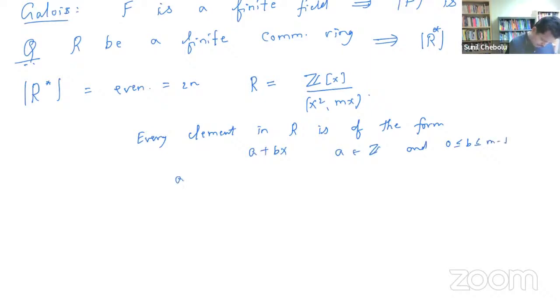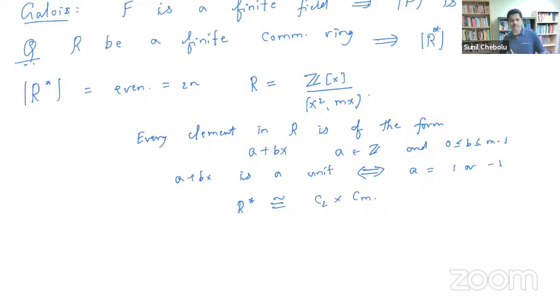So a + bx is a unit if and only if a times a is invertible, that is, a is a unit if and only if a is either +1 or −1. You can actually show that. So in this case, you can show that R star is isomorphic to C2 × Cm.